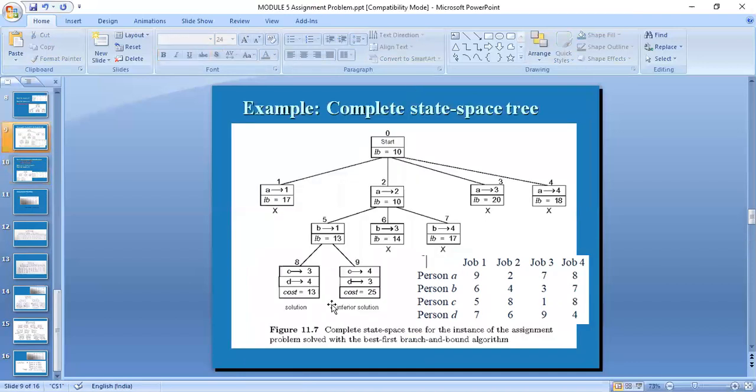So this will be your solution. This one at the same level is an inferior solution. All these are the non-promising nodes. Why? Because we get a better solution.